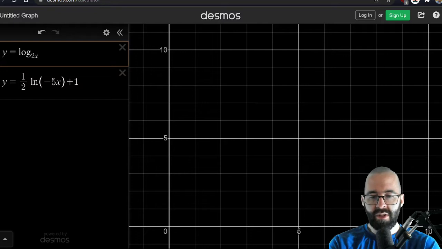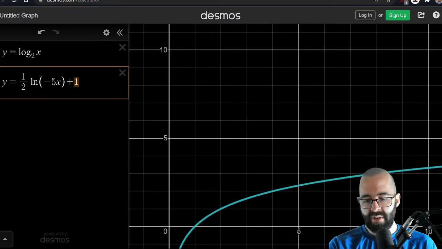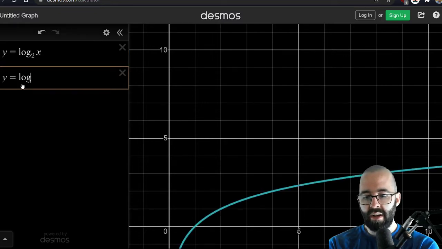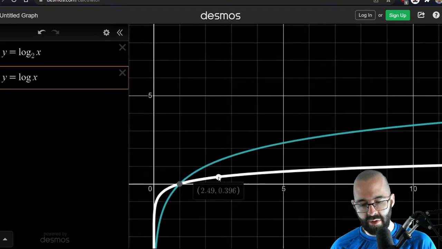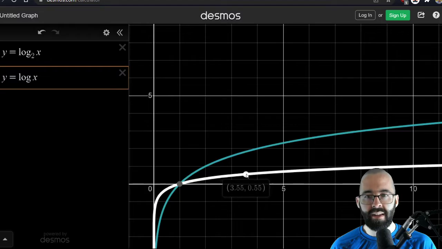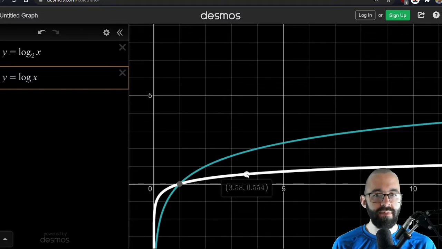Graph what log base 2 of x looks like, and graph what log base 10 of x looks like. So this white graph is log base 10. It's much flatter.